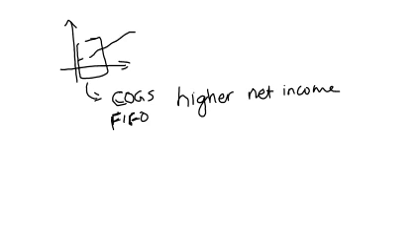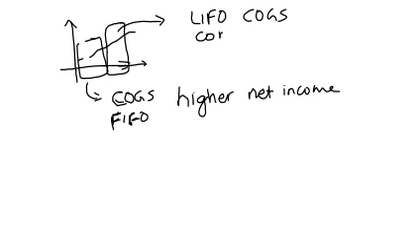When costs are rising, LIFO will be more conservative because of the higher cost of goods sold, last in, first out. So if this is the timeline here, the cost of goods sold will capture the last in prices which are higher. So this will be LIFO, cost of goods sold will be conservative, leading to lower net income, all else equal.